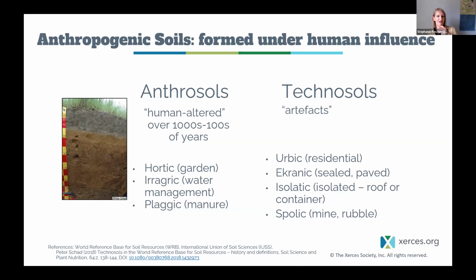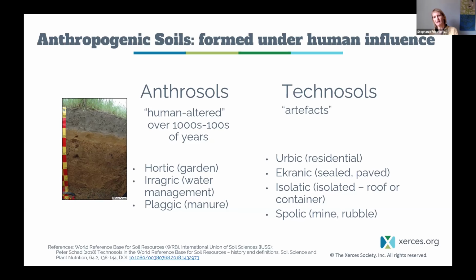Is it a place where there's been cultivation or gardening? And then another term that's sometimes used is technosols, and these typically actually contain artifacts, some other type of material that's human derived. Urbic is urban or residential. There are some that may have pavement or other types of stones and things that humans have moved.